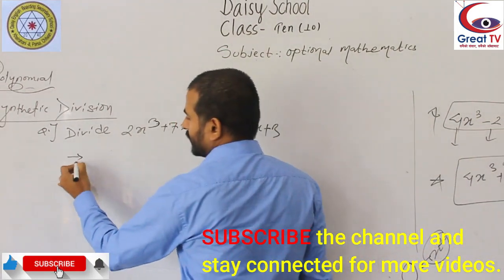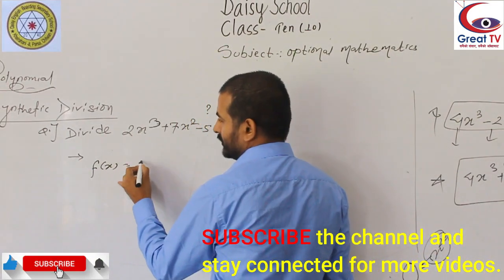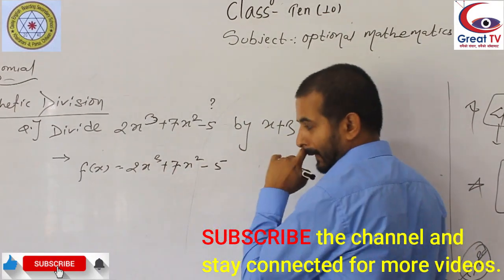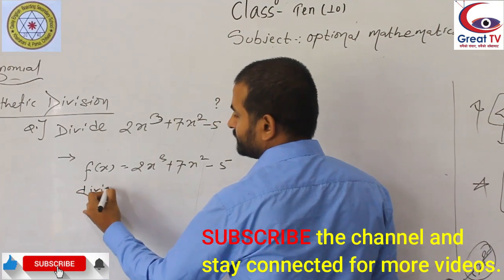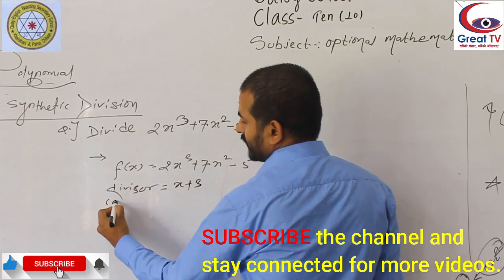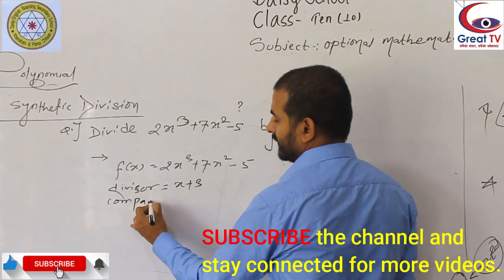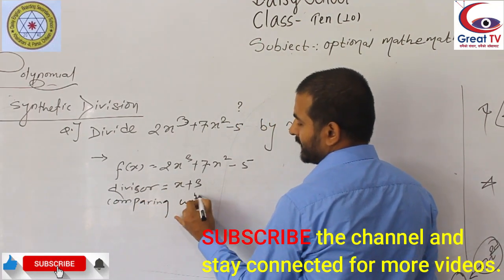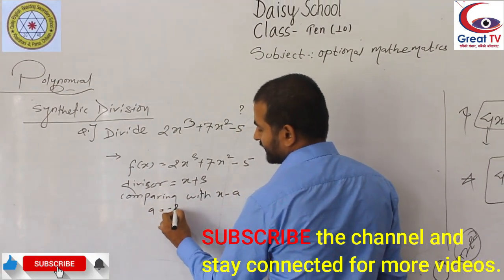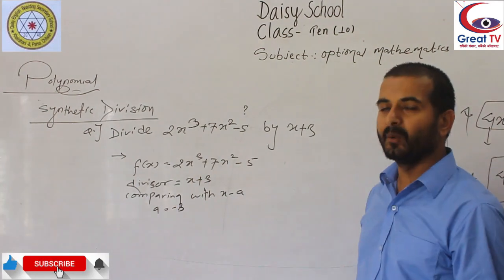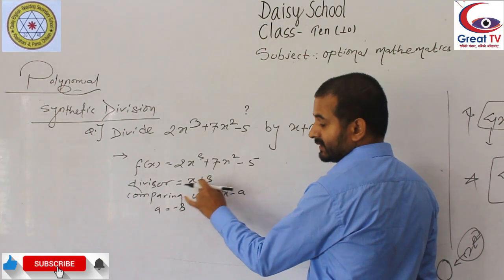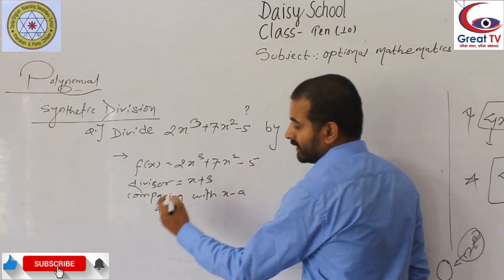So polynomial f(x) equals 2x cubed plus 7x squared minus 5. Divisor is x plus 3. We have to find the value of a by comparing with x minus a, which equals minus 3. So if you compare with x minus a, then a is obviously minus 3.